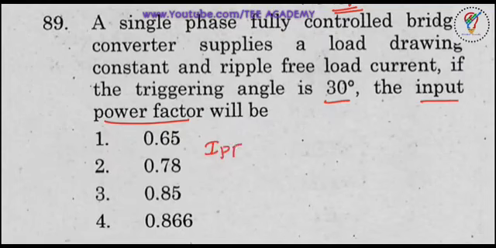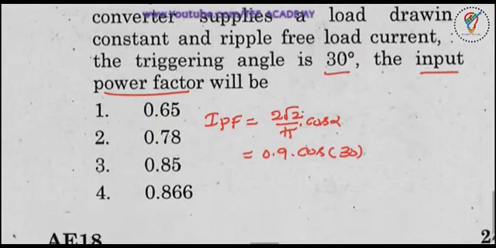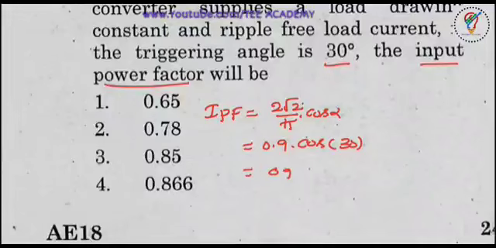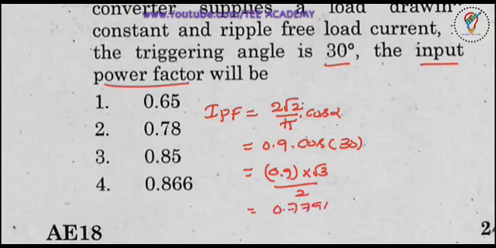Input power factor is equal to 2 root 2 by pi into cos alpha, or I can also write 0.9 into cos alpha. Cos 30 is nothing but root 3 by 2, so 0.9 into root 3 by 2. So it is 0.7794, approximately 0.78 is the answer.